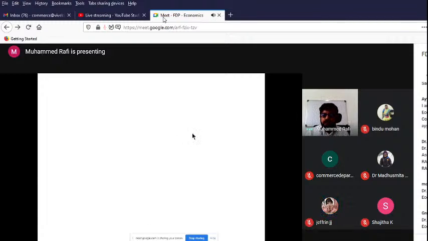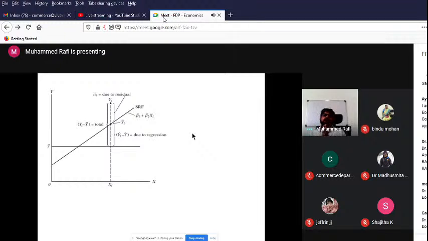Now here in this plot, you have a value for y and a value for x. The x is on the horizontal axis, and y on the vertical axis. Here the sample regression function is an upward sloping line, where the average y is given as the horizontal line, y bar.